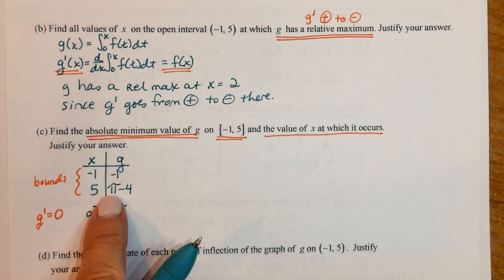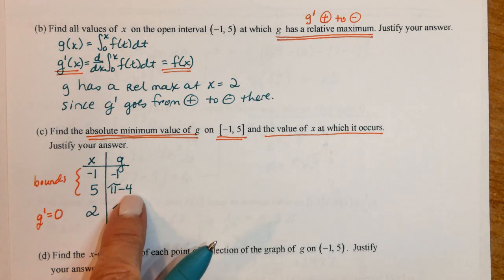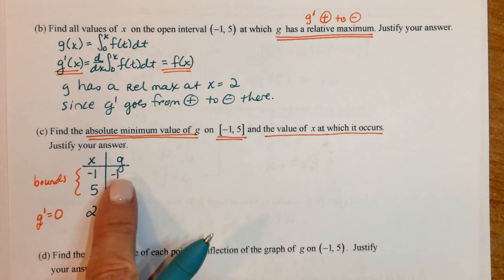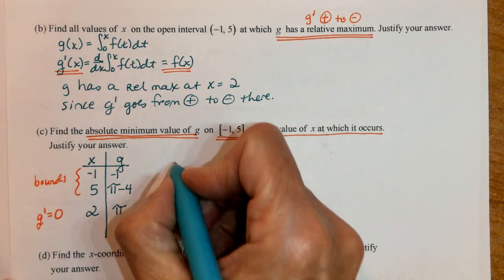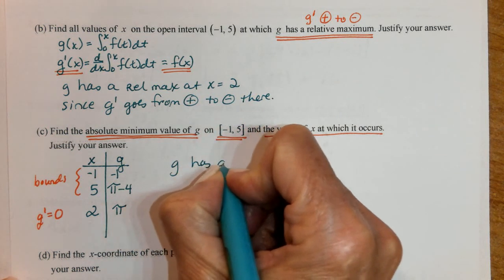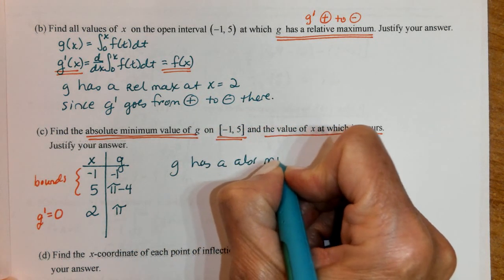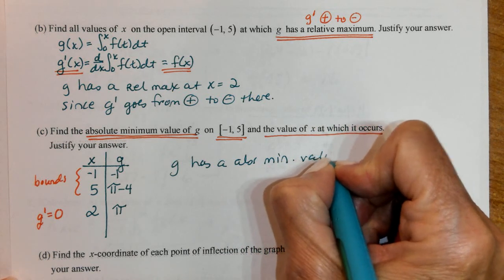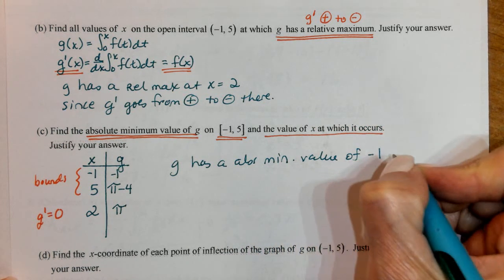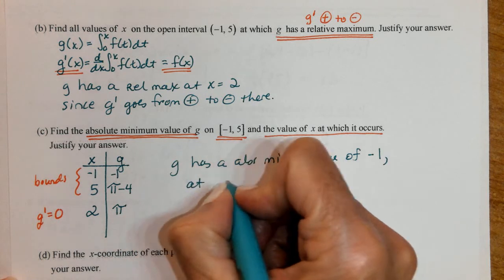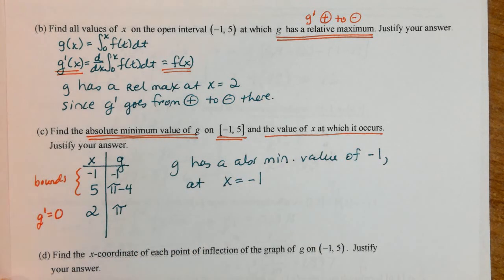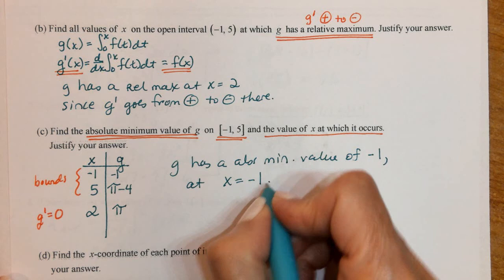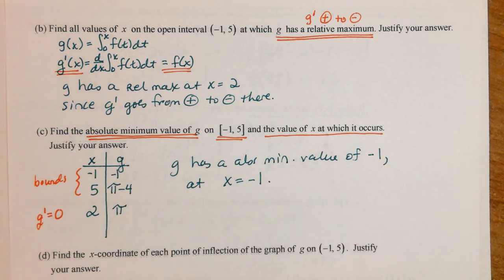Pi is 3.14159, a little over 3. If we subtract 4 from something a little over 3, you're going to be higher than -1, right? So G has an absolute minimum value of -1 at x is equal to -1 by closed interval test.